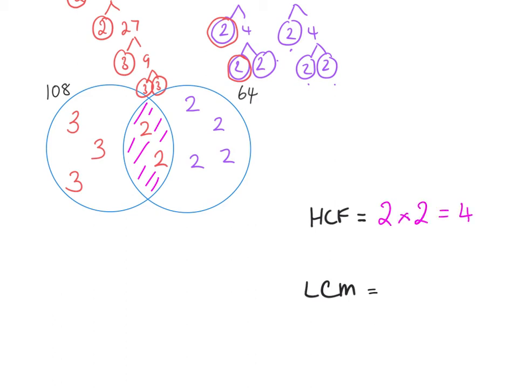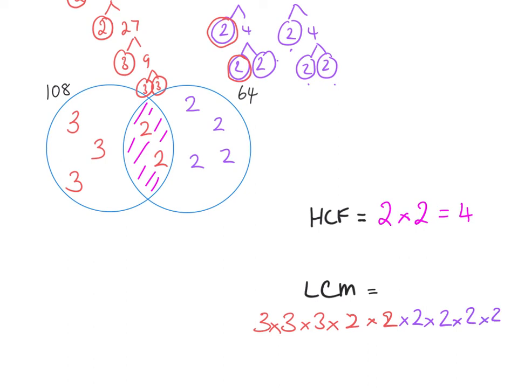And then the lowest common multiple is all the numbers put together. So all of this circle on the left equals 108. So 3 times 3 times 3 times 2 times 2 times 2. And then we're going to add on to that the extra 2's in the purple there on the right.